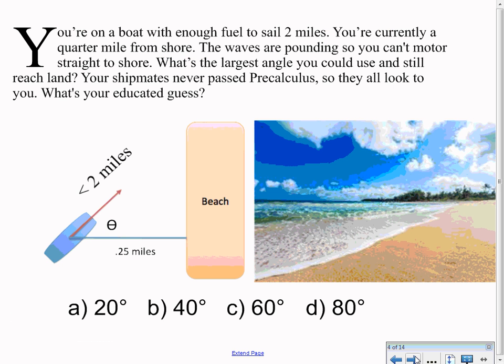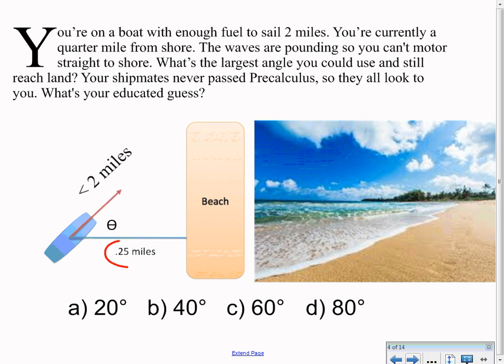So you're on a boat, and you have enough fuel to sail no more than 2 miles. You're currently a quarter mile from shore. The waves are pounding behind you, so you can't motor straight to shore. What's the largest angle you could use and still reach land? Your shipmates never passed pre-calc, so they look to you. What's your educated guess, without too much calculating and worrying about inverse trig?